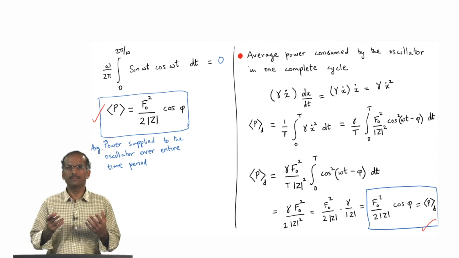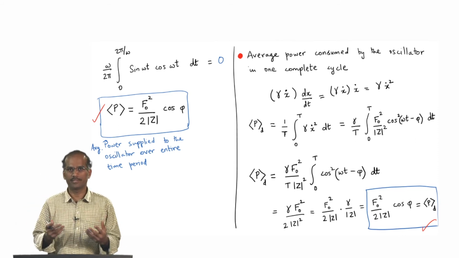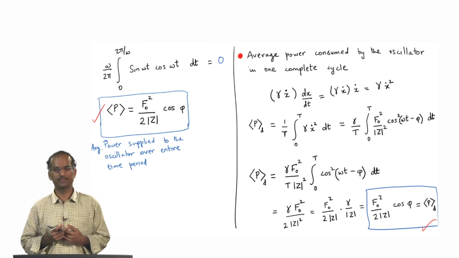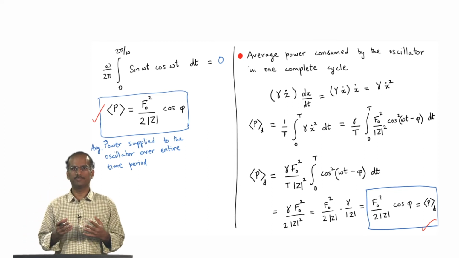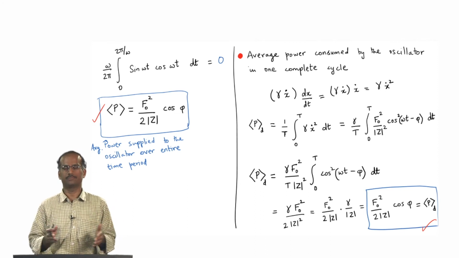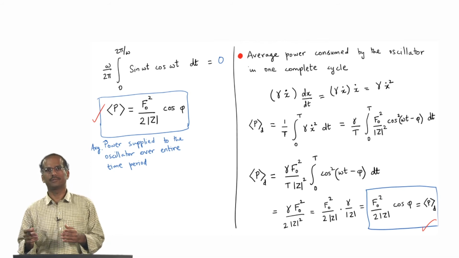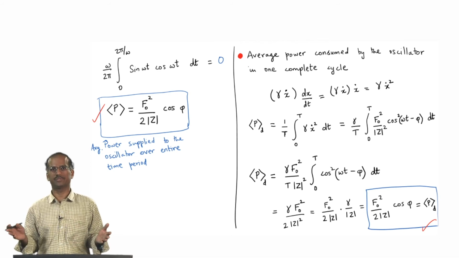So, you are supplying some power to the oscillator by a mechanism of the external forcing. Okay. The average power supplied to the oscillator over one complete cycle is equal to the average power that it dissipates over the same cycle.